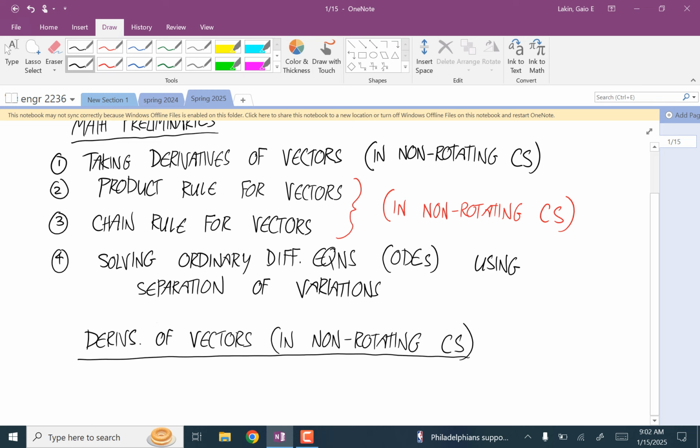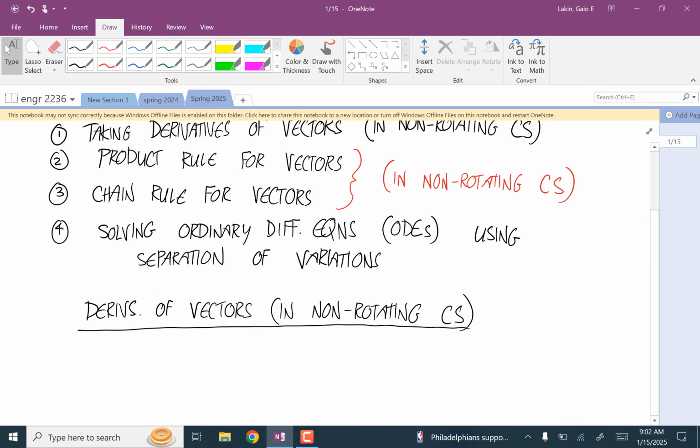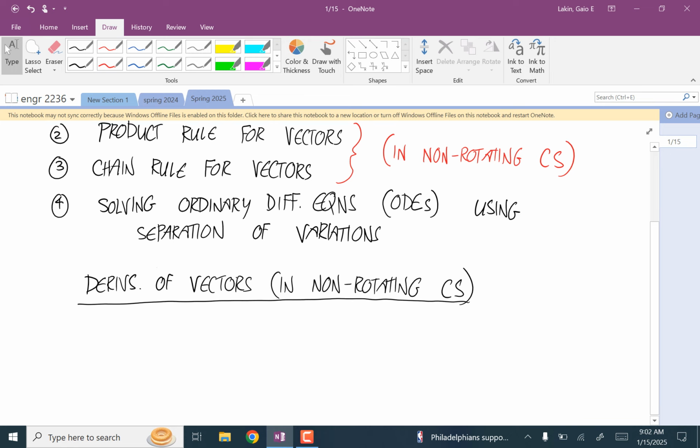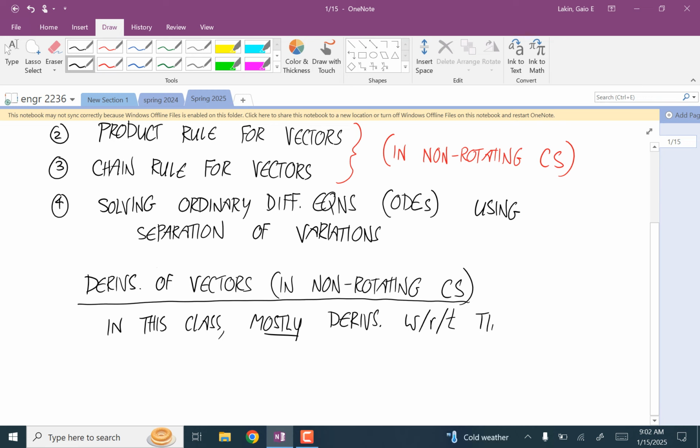We, in this class, are not going to be taking partial derivatives. We're going to be taking total derivatives, like you saw in Calc 1 and Calc 2. And our derivatives are mostly going to be with respect to time, okay? So in this class, it's mostly going to be derivatives with respect to time.